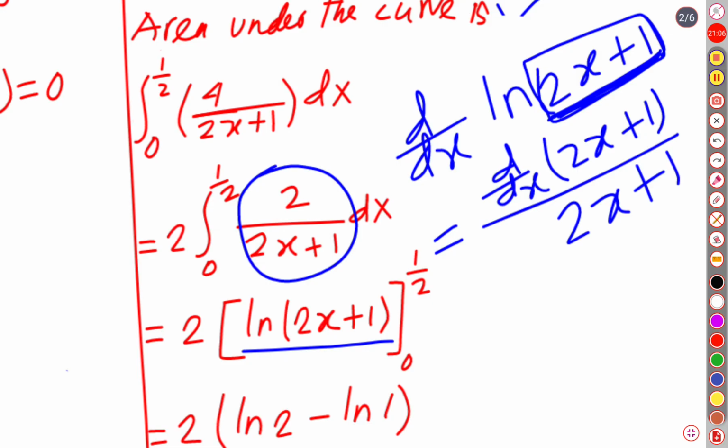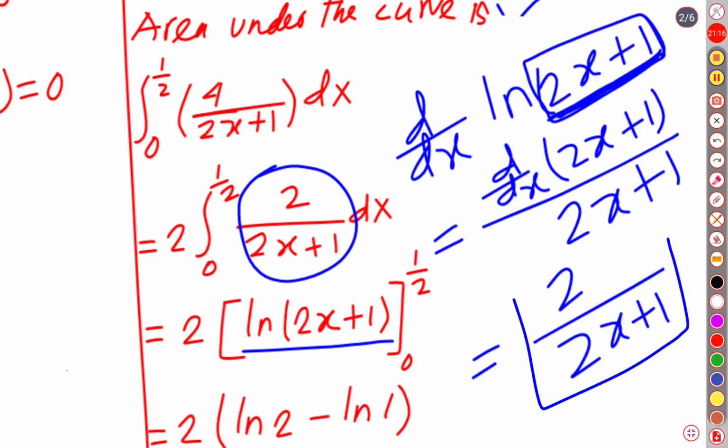The function is twice x plus 1, and the derivative of 2x is 2 and the derivative of 1 is 0. So ultimately we have got that the derivative of ln 2x plus 1 is 2 over 2x plus 1. So the integrand is just the opposite of this: 2 over 2x plus 1 integrates to ln of 2x plus 1.